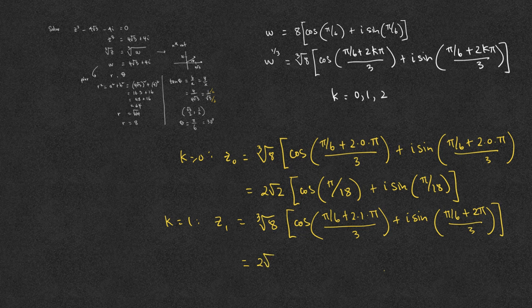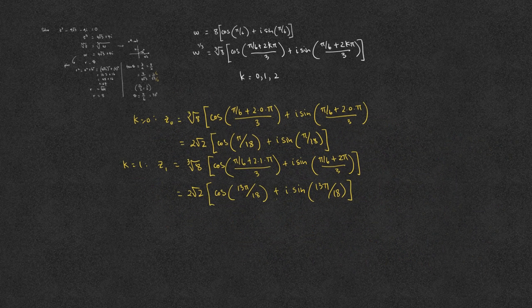This is 2 root 2 times the quantity cosine of pi over 6 plus 2 pi, which is pi over 6 plus 12 pi over 6, so that is 13 pi over 6, over 3 is 13 pi over 18, plus i sine of 13 pi over 18.